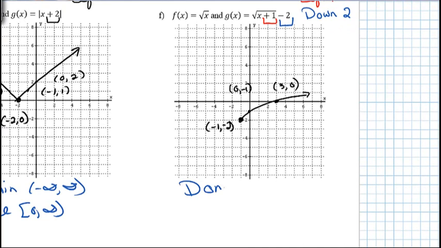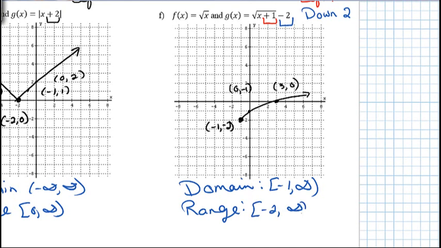Domain and range of this one. So the x values start at negative 1, and it goes to the right forever, so off to positive infinity. And the range, it starts down here at negative 2, and it goes up forever, so negative 2 up to positive infinity for the range.